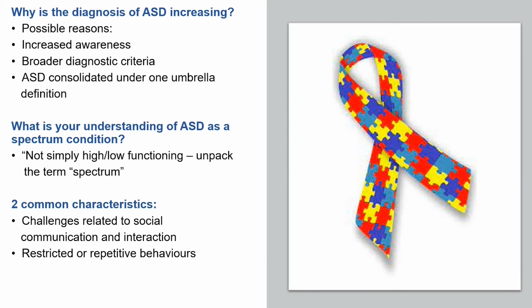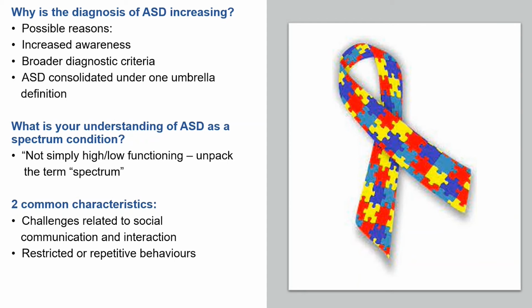Now we just have one umbrella categorization that looks at these two common criteria of challenges related to social communication and interaction, as well as restrictive and repetitive behaviors. So those are the two most commonly occurring characteristics in individuals who have a diagnosis of autism.